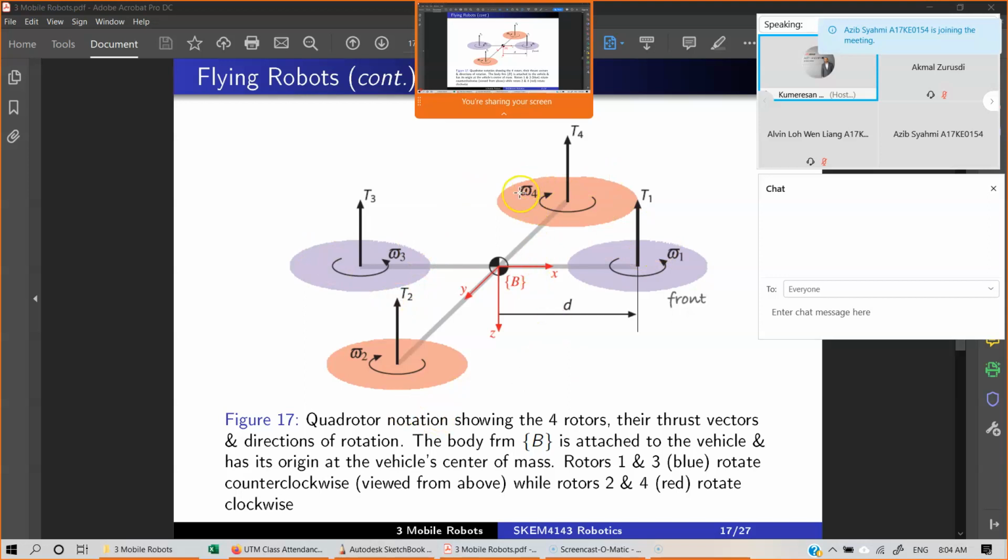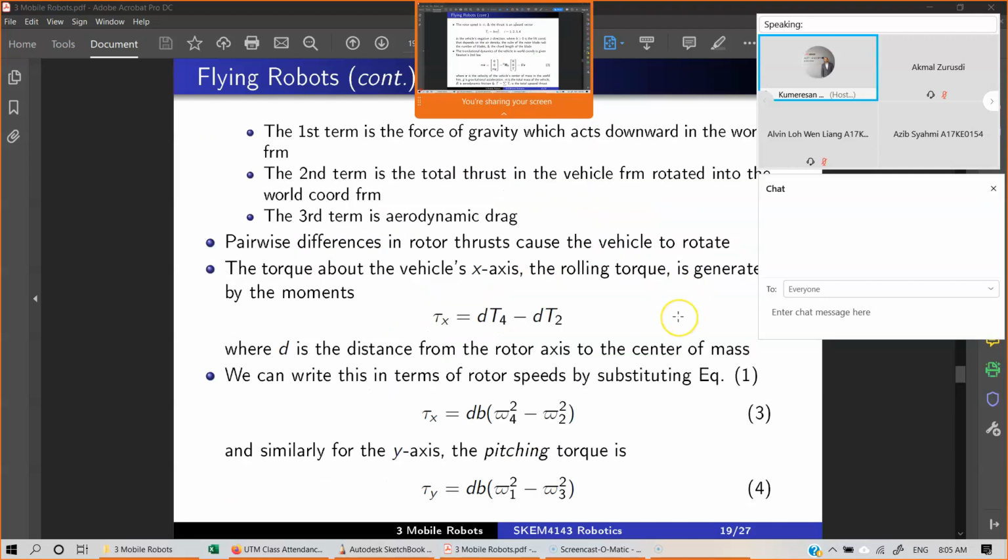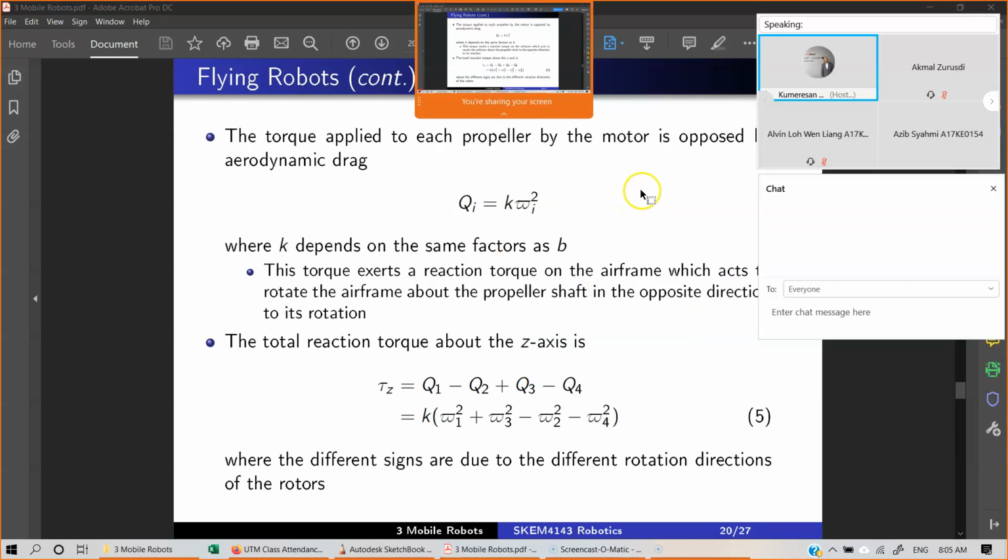This symbol depicts the angular speed of the propeller's rotation, and the rotation will generate thrust, as we can see here, T1, T2, T3, T4, and the propeller's rotation will also generate something that we call aerodynamic drag.